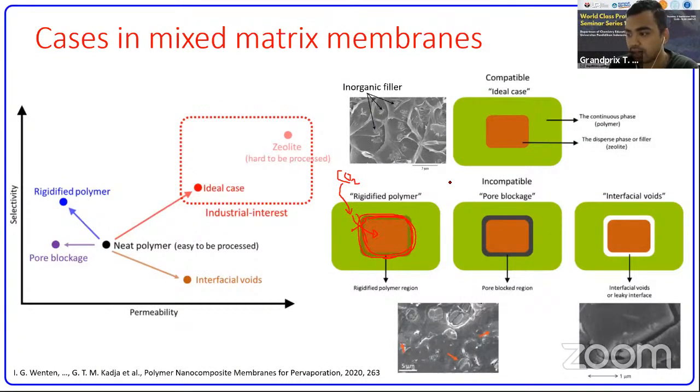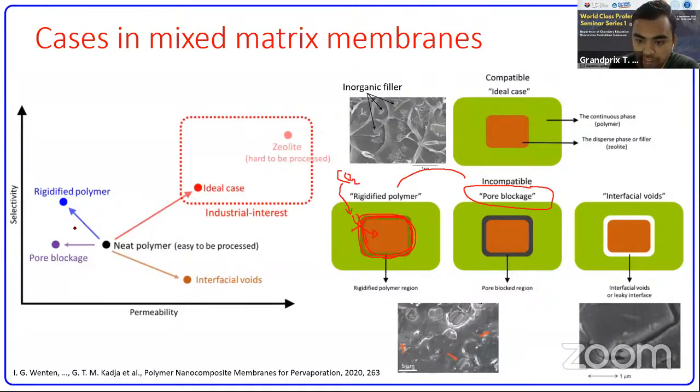The same case is found here, the pore blockage. They are similar, but pore blockage means that the porosity has been completely eliminated.